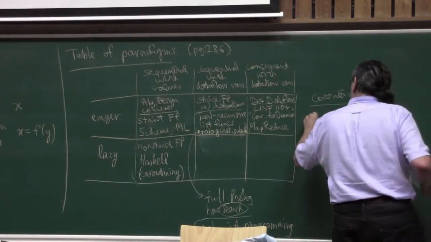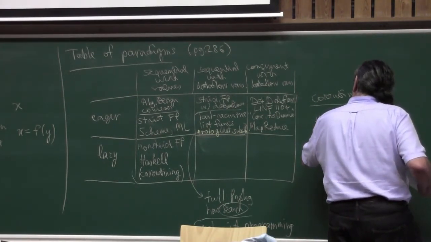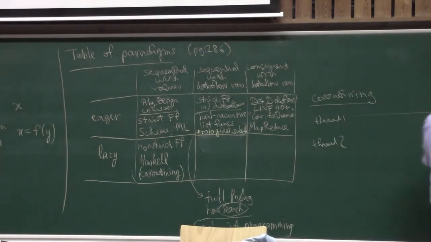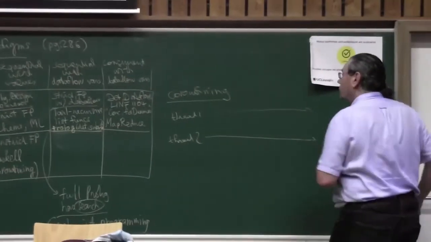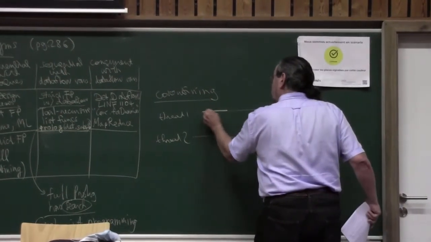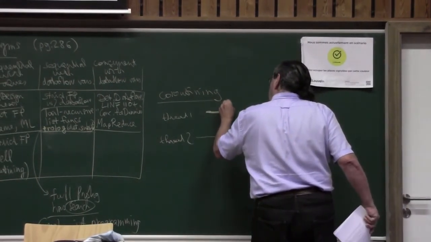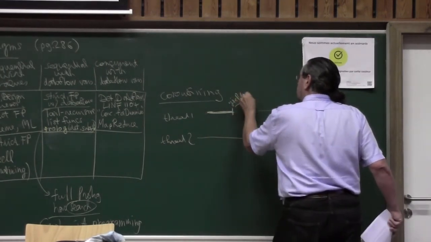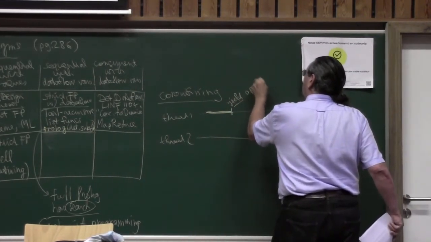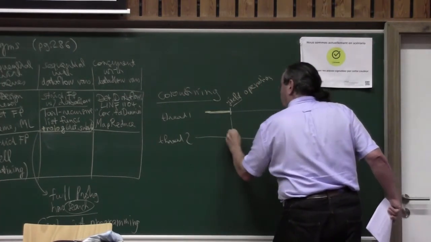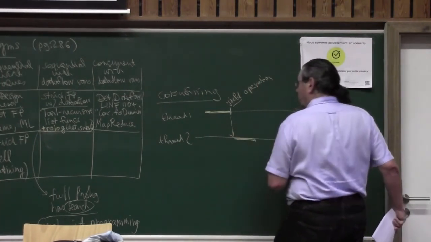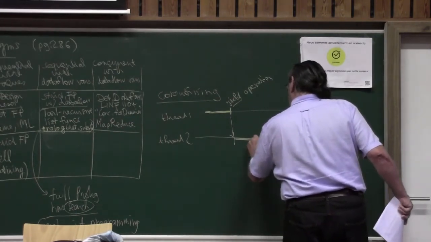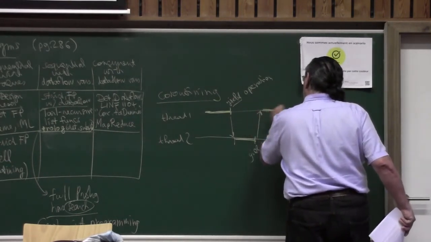Co-routines. So if I have a thread 1 and a thread 2, the execution is going from left to right here. So thread 1 is executing, and then it actually gives control to the other thread explicitly. So there's an operation that's often called yield. So it gives control to the other thread. Then the other thread executes, and the other thread does a yield operation, and it goes back to the first one.